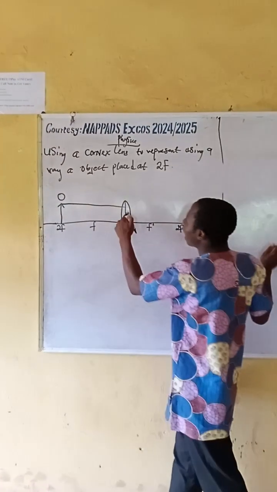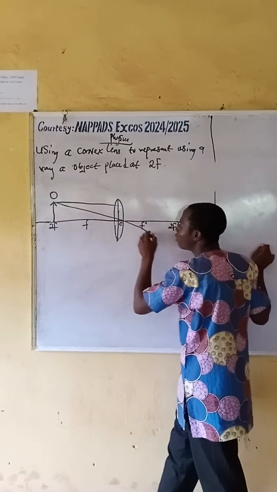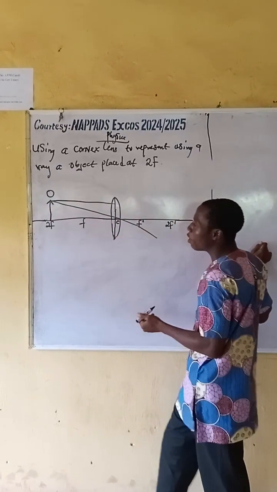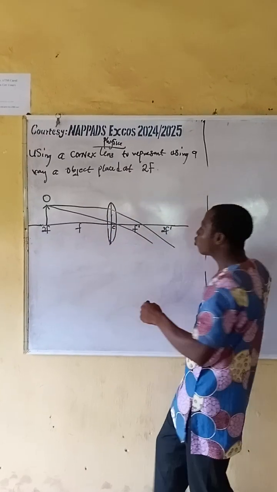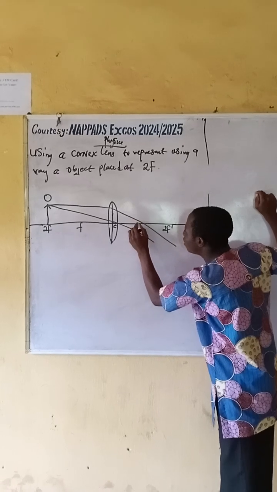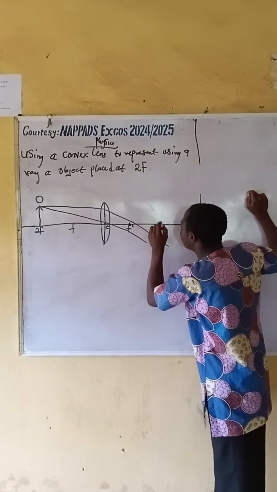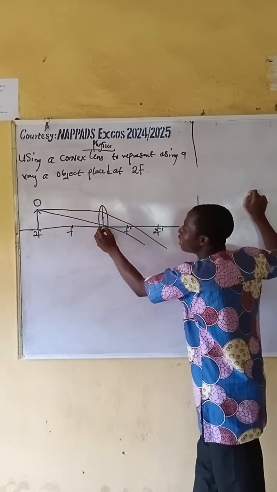Some of you, if you do your diagram like this, you are wrong. You can see that this did not pass here. And some of you do it like this, and then you're going to get a wrong result. You can see this is where your F is, and this is where the center of convection is.